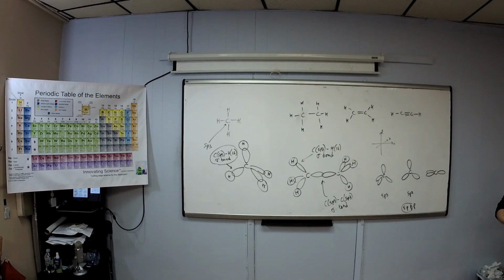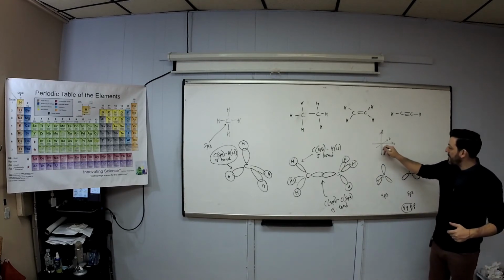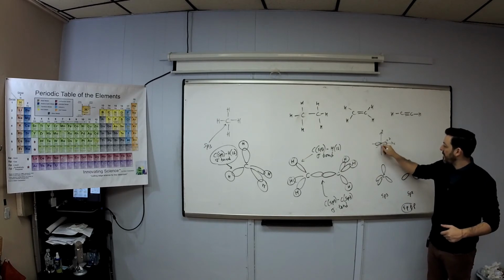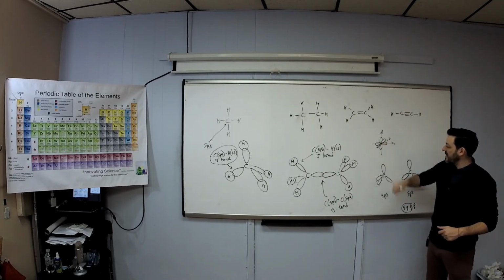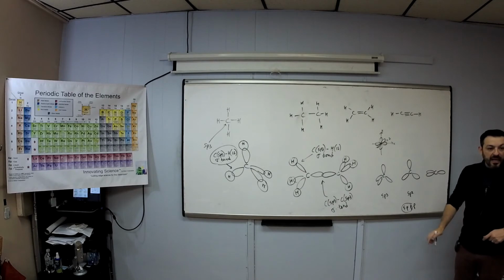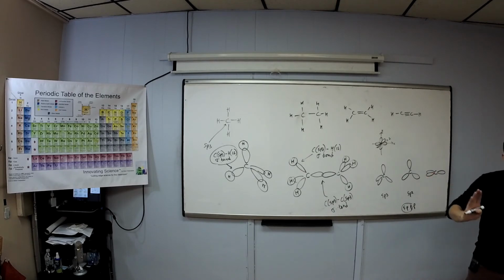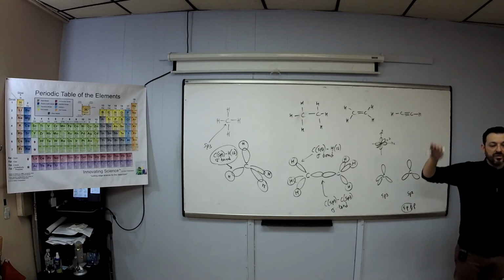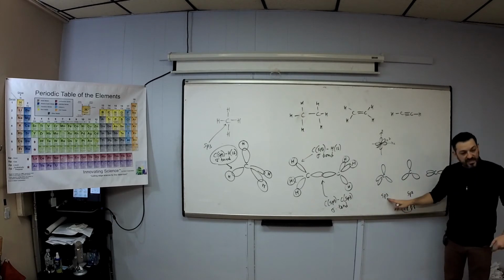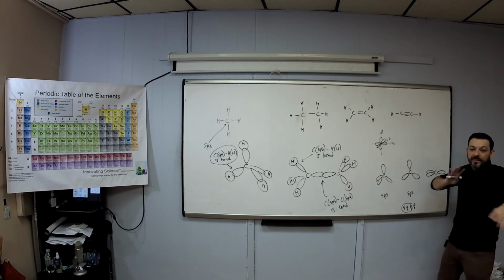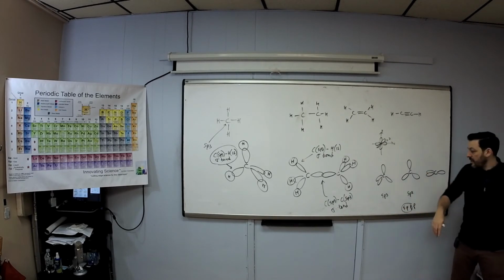The s orbital is just kind of in the middle. But you also have a px, a py, and a pz, right? And do you notice that the px goes in the x-axis, the py goes in the y-axis, the pz goes in the z-axis? So when you're using sp3, you are using all 3 axes. You're using the px, py, and pz.